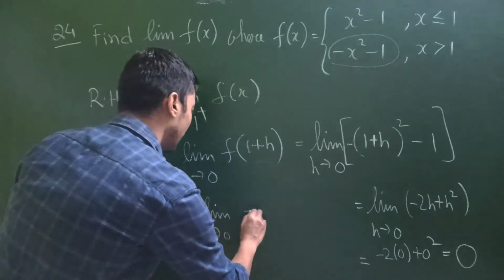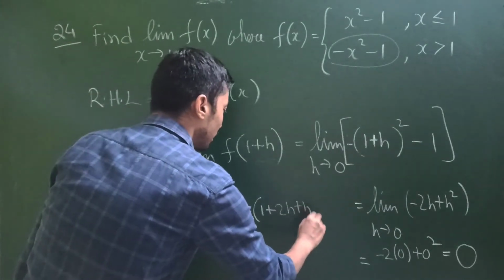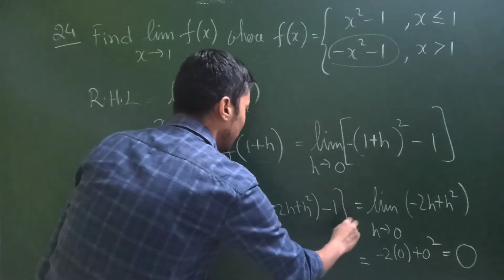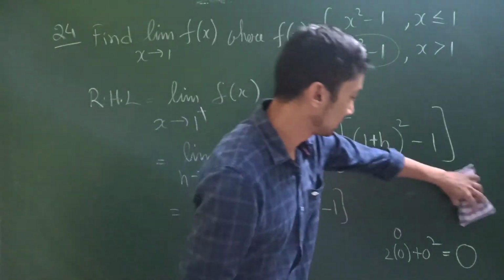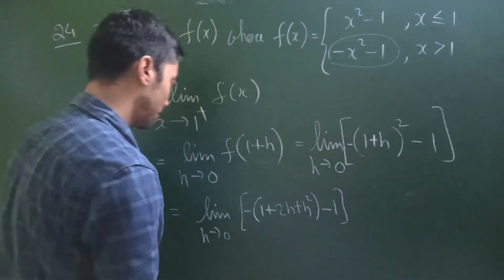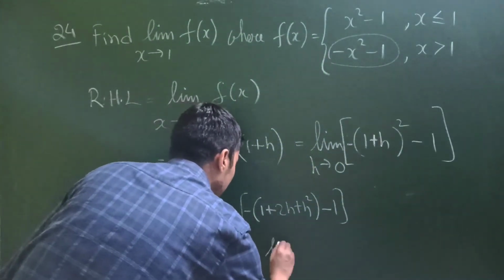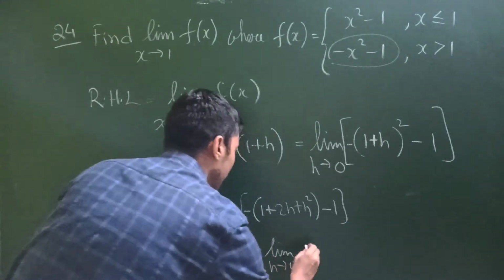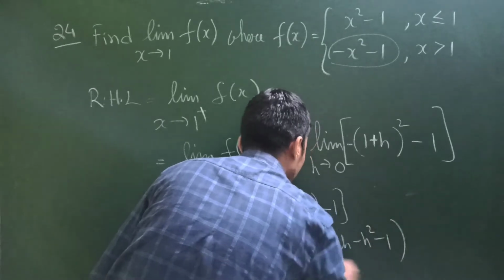Then what will we have here? (a plus b) whole square: 1 plus 2h plus h square, minus 1. So there will be a slight change definitely. If we just solve this, that's going to be limit as h tends to 0 of minus 1 minus 2h minus h square minus 1.